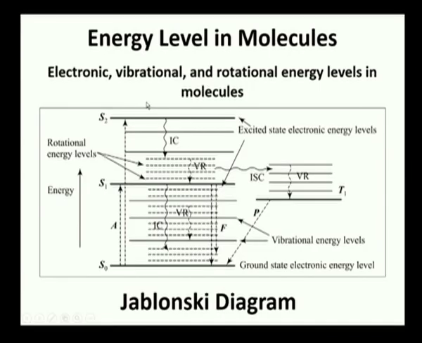Using all these, we have different kinds of absorption and emission processes taking place in a molecule, which can be well explained in a diagram known as the Jablonski diagram, which you see now. This diagram represents the electronic, vibrational and rotational energy levels in a molecule.